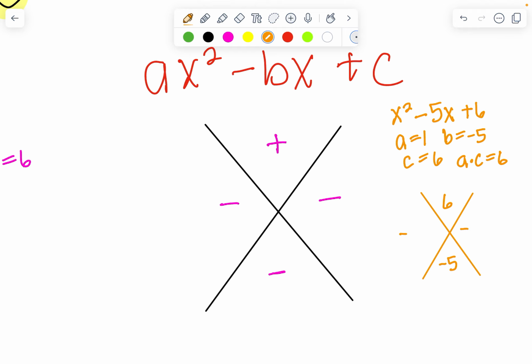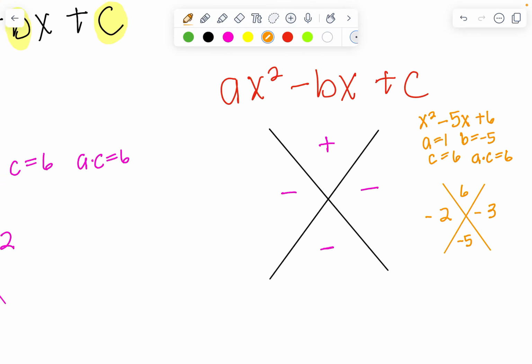But again, I just want to think of 2 numbers that are going to multiply to 6 and then add to 5. We can ignore the negatives because we've already said that the 2 sides are negative. So again, it'll be negative 2 and negative 3. Negative 2 times negative 3 is positive 6. Negative 2 plus negative 3 is negative 5.